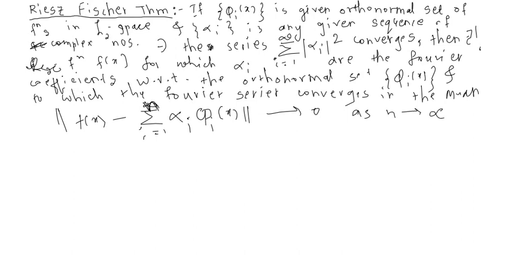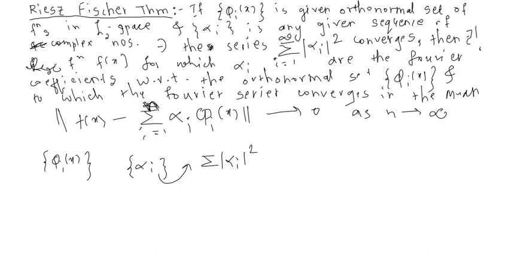So what does this Riesz-Fischer theorem say? It says that suppose we have one orthonormal set of functions, phi_i(x): phi_1(x), phi_2(x), and so on. And one more set we have, of complex numbers alpha_1, alpha_2, and so on. This set of complex numbers is such that if you consider the series of these complex numbers, this series will converge.